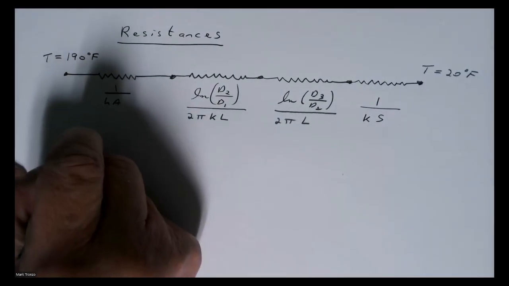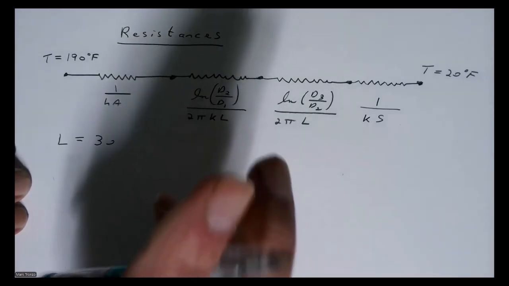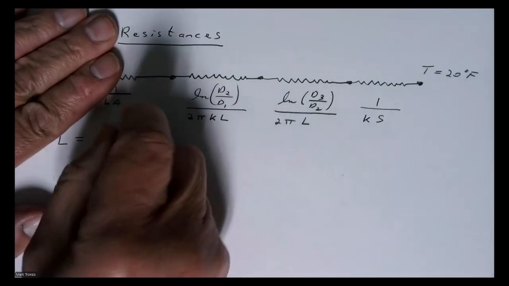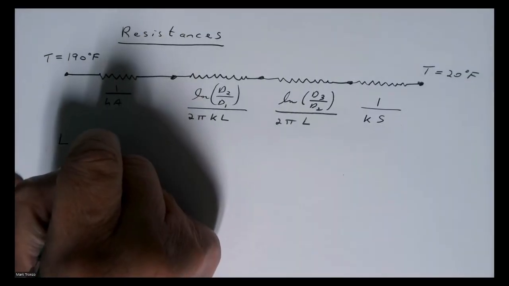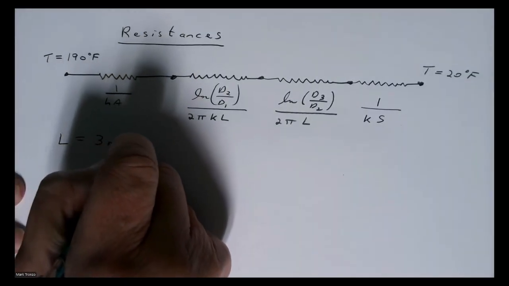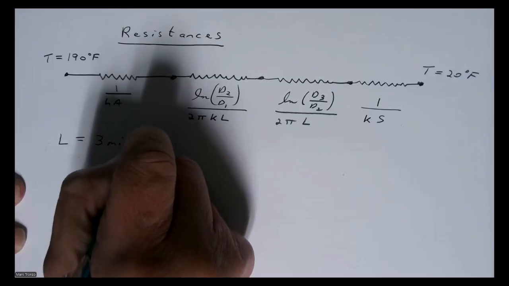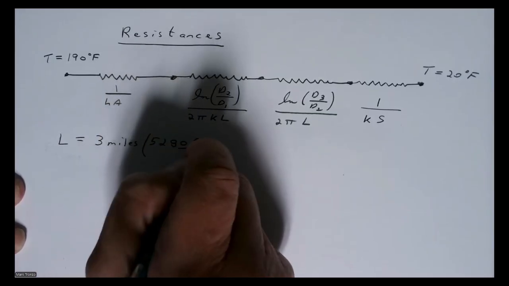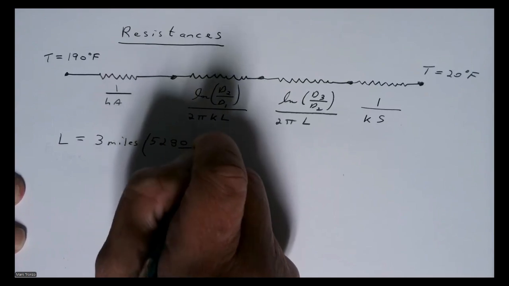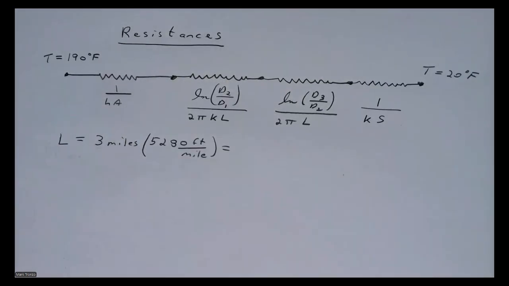So the length of the pipe is three miles, multiplied by 5,280 feet per mile, which gives us 15,840 feet.